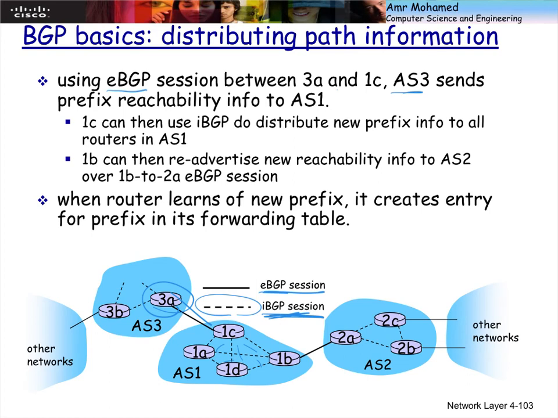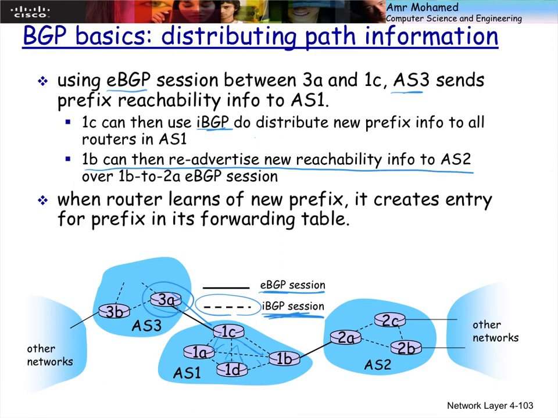The exterior one is the one that uses TCP, as we said, and it reports the reachability from one autonomous system to another. So in that case, 1C uses the interior border gateway protocol to distribute these prefixes through the iBGP session to all the internal routers. Okay.